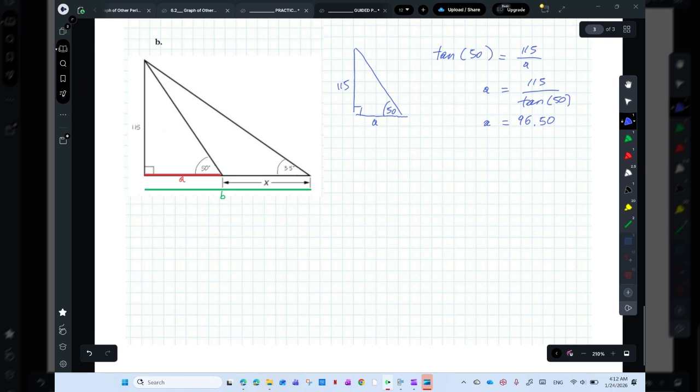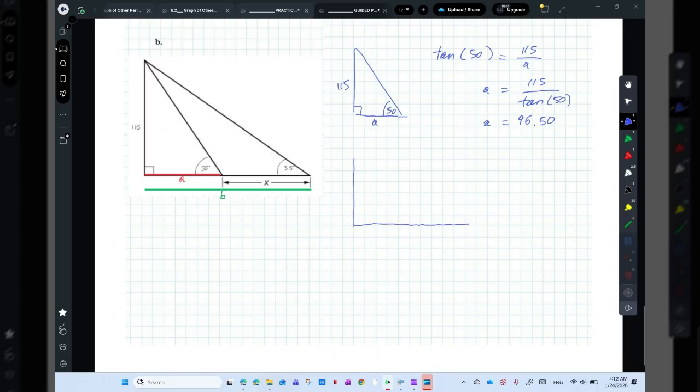I'm going to do the same thing for the big right triangle. So I've got 35 degrees here, 115, and this time I want to calculate B. So I will have the same process.